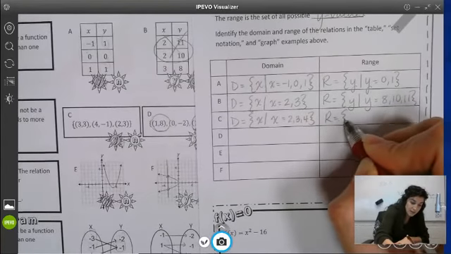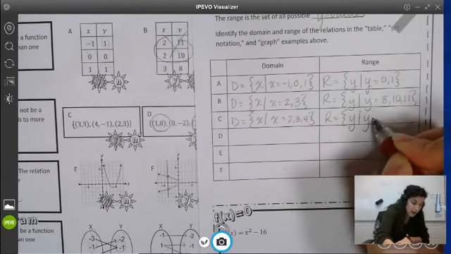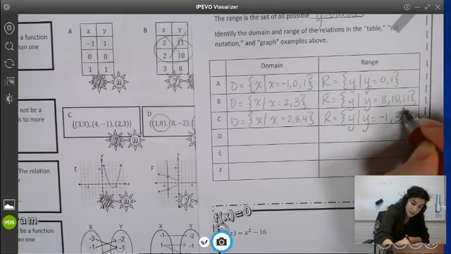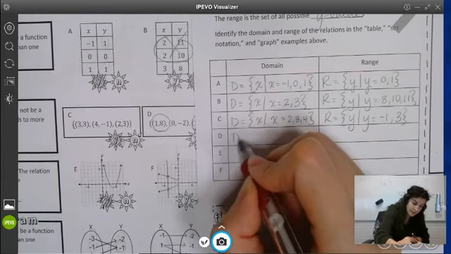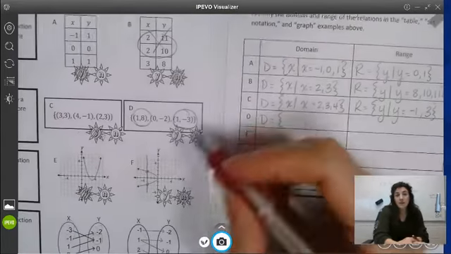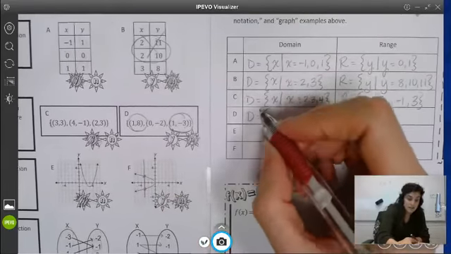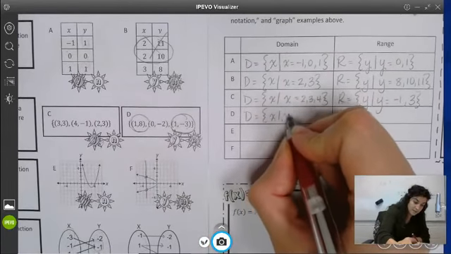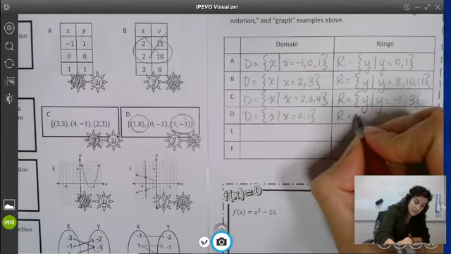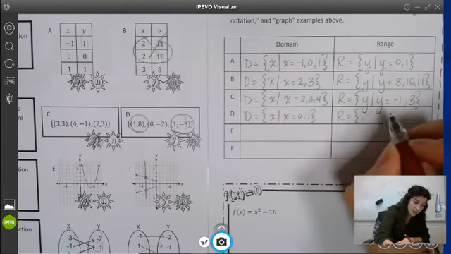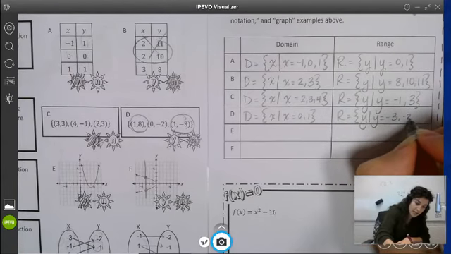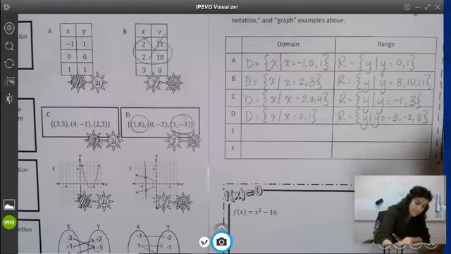Your range is y such that y equals -1 and then 3. D, your domain is 0 and 1. Your range is -3, -2, and 8.